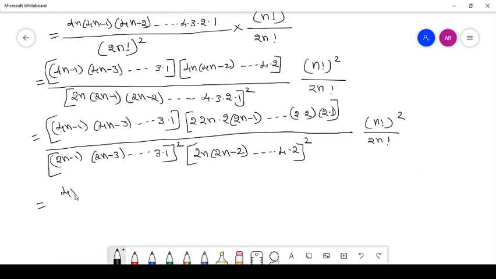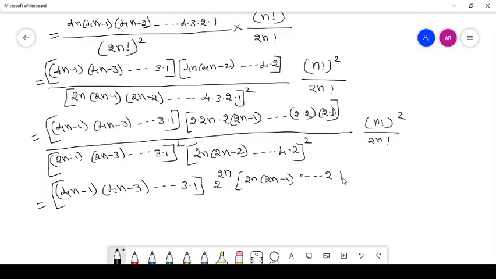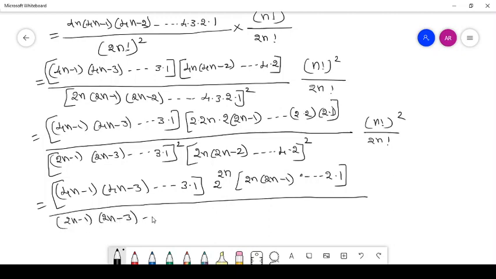Next, 4n minus 1, 4n minus 3 up to 3 into 1. Here the 2 values, 2 into 2 into up to 2n times, can be written as 2 power 2n. The remaining values are 2n into 2n minus 1, 2n minus 2 up to 2 into 1, by this value 2n minus 1 into 2n minus 3 up to 3 into 1 whole square.